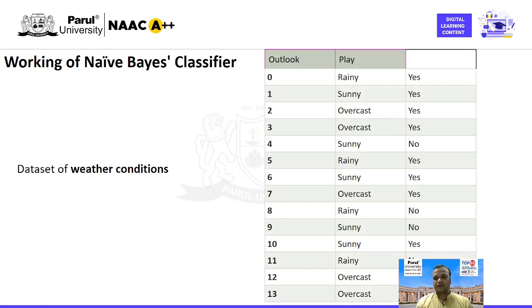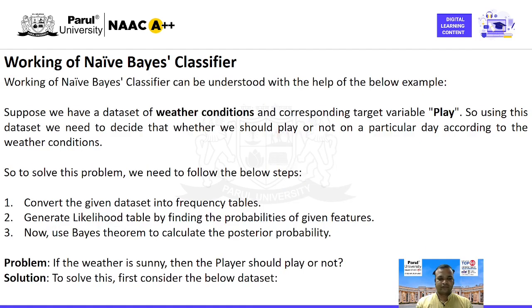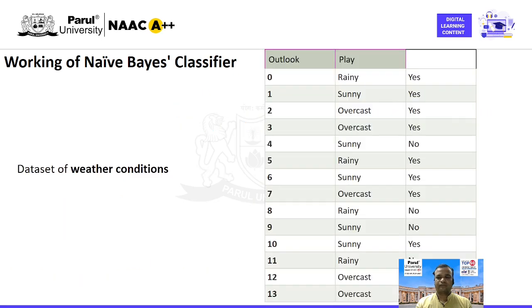First, analyze your data set. This is the weather condition data set. There are three features: outlook, weather, and play condition, yes or no. We need to identify, where the weather is sunny, whether the player should play or not.